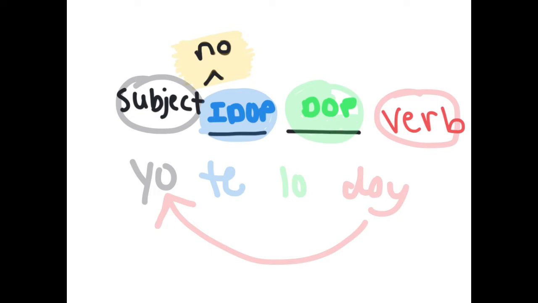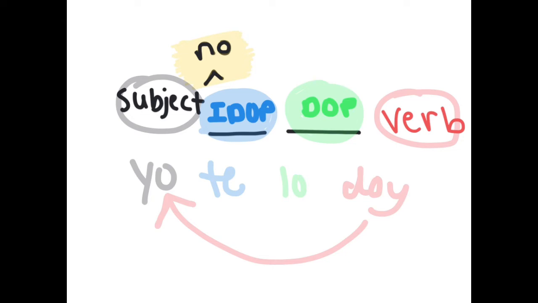So for example, right now this sentence says, I gave you it. And it's saying that because we have the indirect object pronoun, which tells me the who, which in this case is you, shown by the te. Then it is shown by lo, which is the DOP. And then yo, doy, that's just I give. So this sentence reads, I give you it.